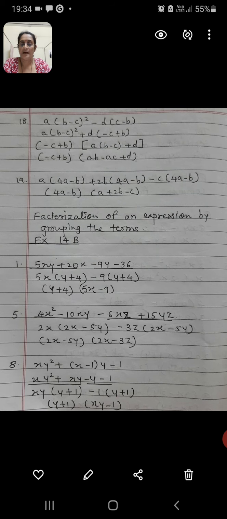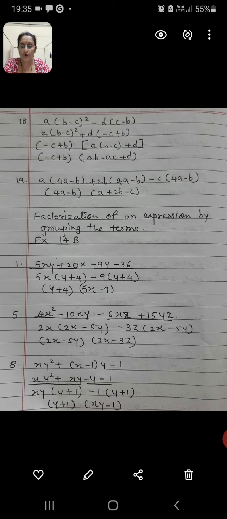So that is the factorization of the first two terms. Let us go to the second part, minus 9y minus 36. In numerical, what is common? 9 is common. So take minus 9, y plus 4 will be remaining in the bracket. Fine. Now we got 5x(y plus 4) minus 9(y plus 4).